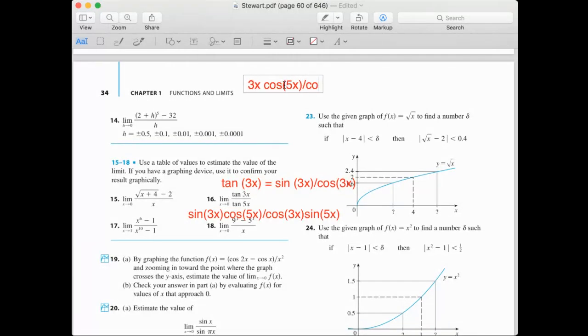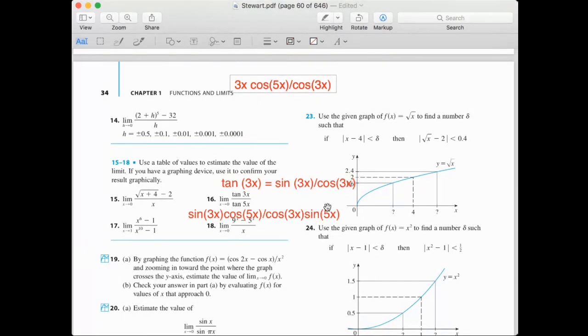In the denominator, we have cosine 3x. Sine 5x, we need 5x in the numerator, right? We want to multiply 5x over 5x to get 1 over sine 5x, because this is in the denominator. Then 5x divided by sine 5x, taking the limit when x approaches 0, becomes 1.